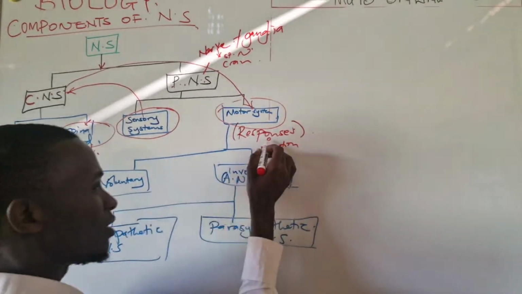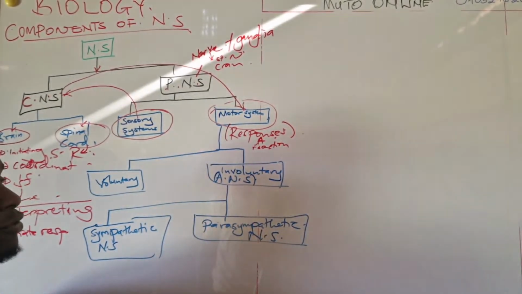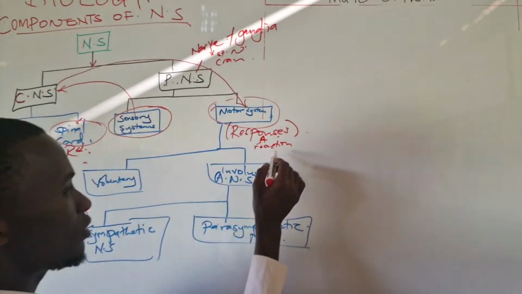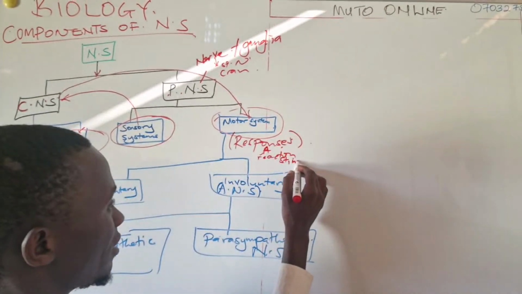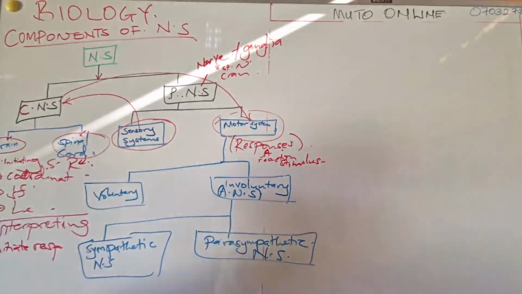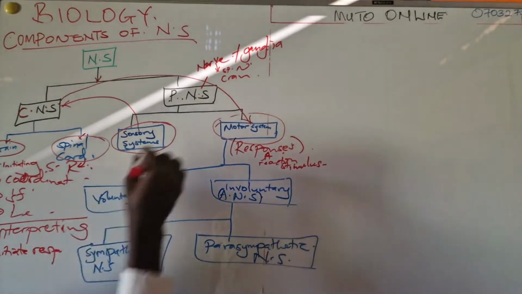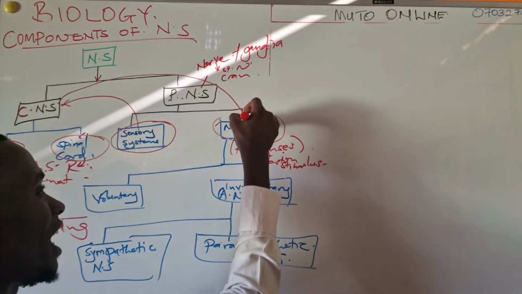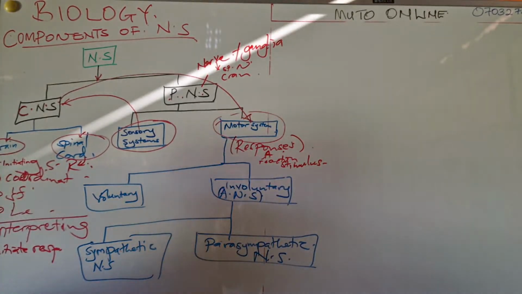That action, whether running, shouting, or laughing, that you will carry out in reaction to any stimulus, would be termed a response. So the response will be as a result of the information carried by the motor system.